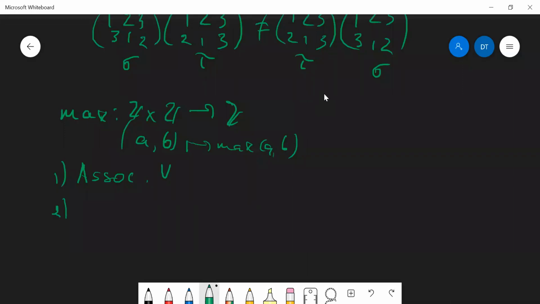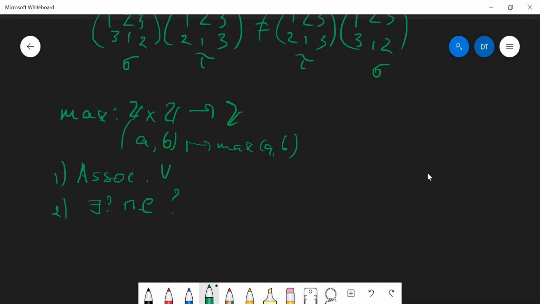The second, does it have a neutral element? Is there a neutral element? Okay, we have 2 options, yes and no. If you say yes, then please show me this neutral element.